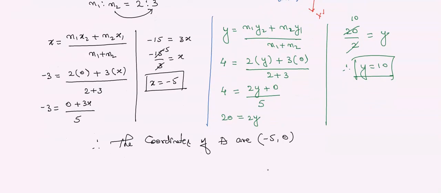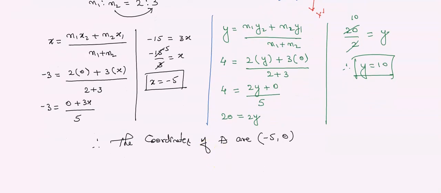And similarly the coordinates of B are 0 comma y is 10, so 0 comma 10. So this concludes the final answer. It carries 3 marks. Understood?